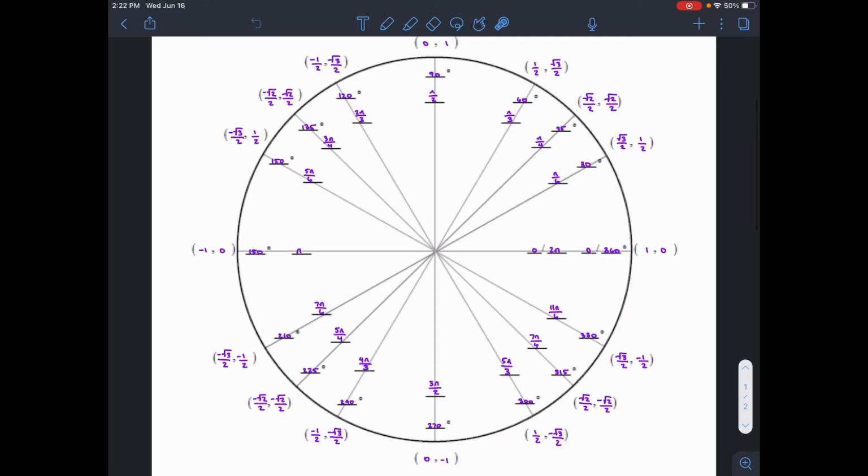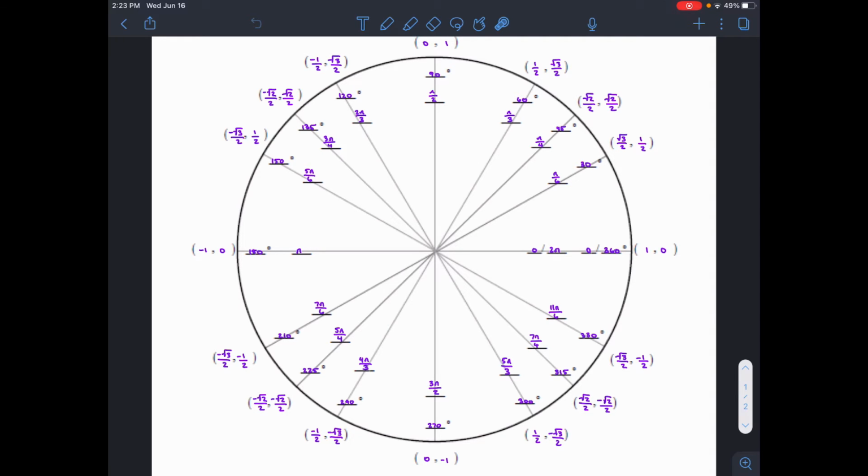Okay, and then once I get the degrees, I'll do the radians. I know that to get from degrees to radians, I would do times pi over 180. So 0 is 0, and 360 is equal to 2 pi. And then from 90, since 360 was 2 pi, it would be pi over 2 for the radians.